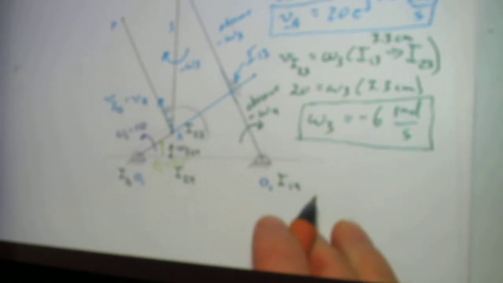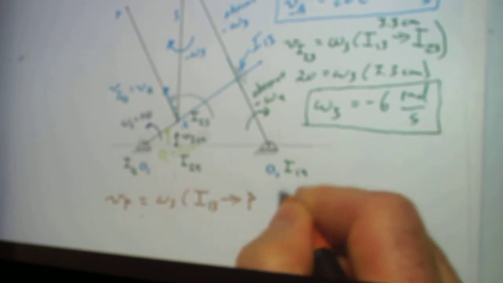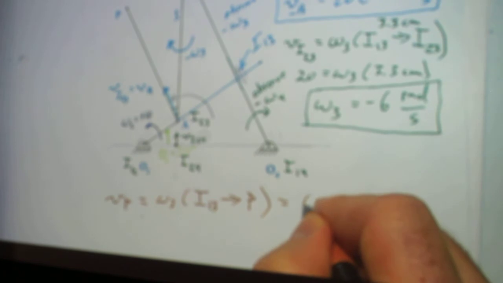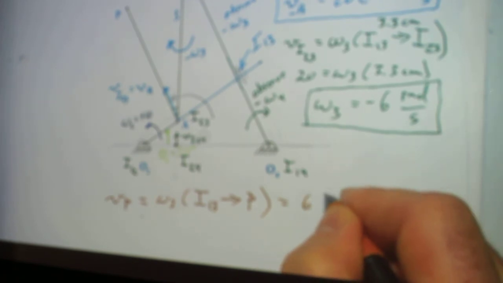Let's look at the velocity of P here. The velocity of P equals omega 3 times I13 to P. So this equals, and let me just use the magnitudes here, 6.